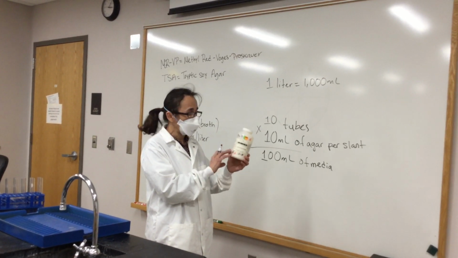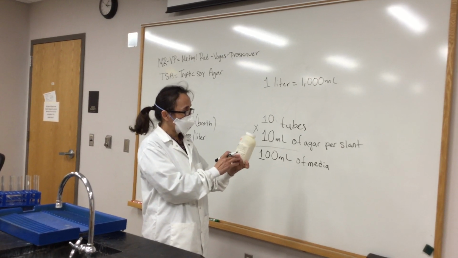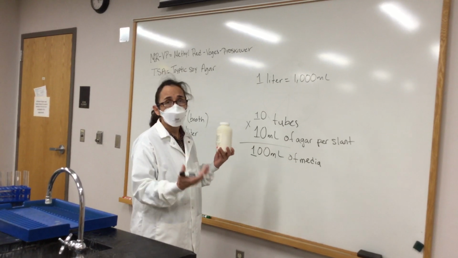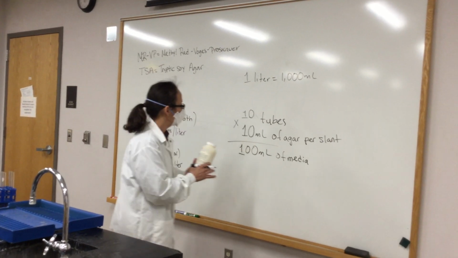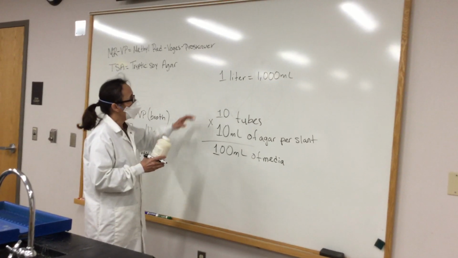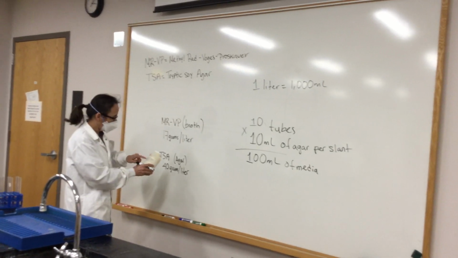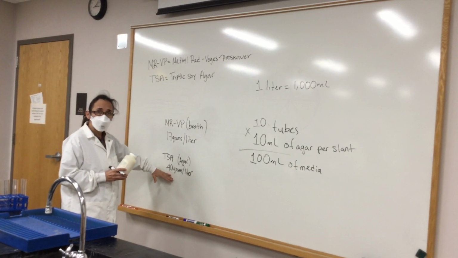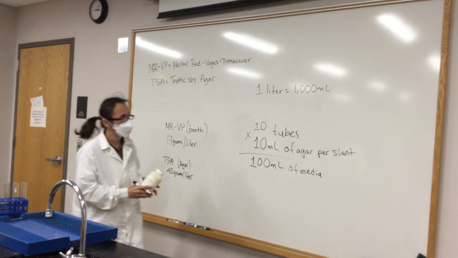In the instructions here, it tells you not only how to prepare it, but how much media you need per certain volume of water. So if you want to prepare 1 liter of this media, according to the instructions, you're supposed to add 40 grams of this powder into 1 liter of water.